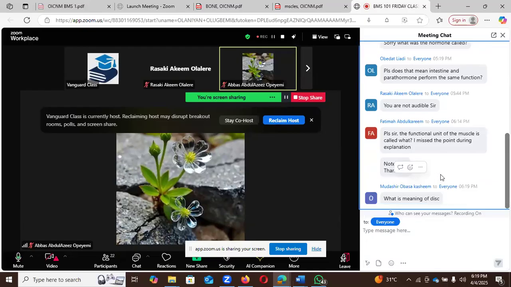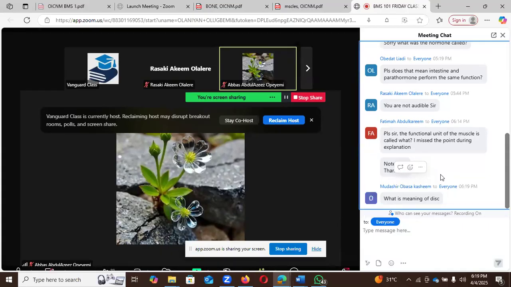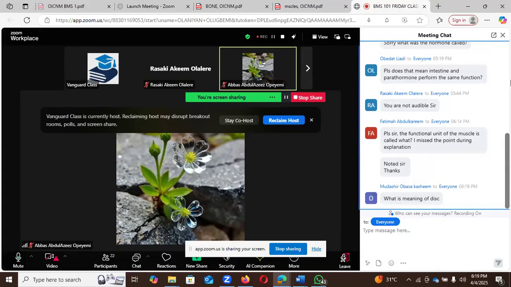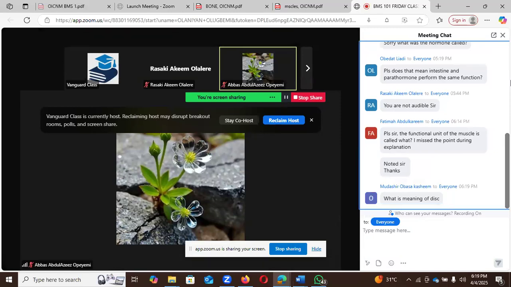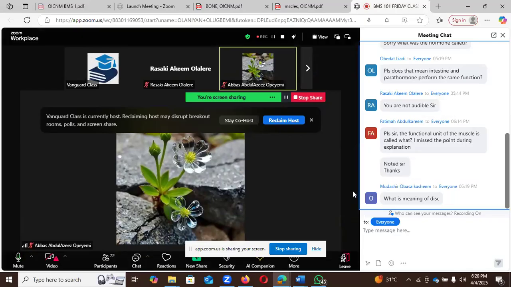Okay. Somebody is asking, what is the meaning of disk? Intercalated disk. Okay, I said in my class that there is intercalated disc in the cardiac muscle, and that intercalated disc is a type of junction.